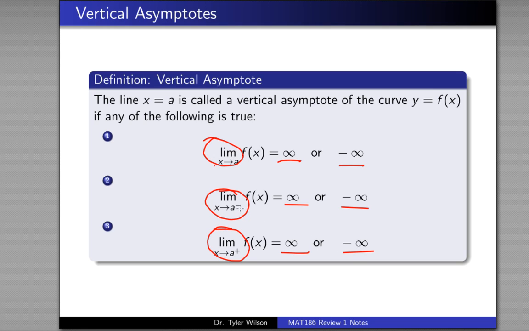So this only has to happen on one side or the other of a, or it could happen on both sides of a. They could both be different. Whenever x goes to a and the limit goes to infinity or negative infinity, this is when we have something called a vertical asymptote.